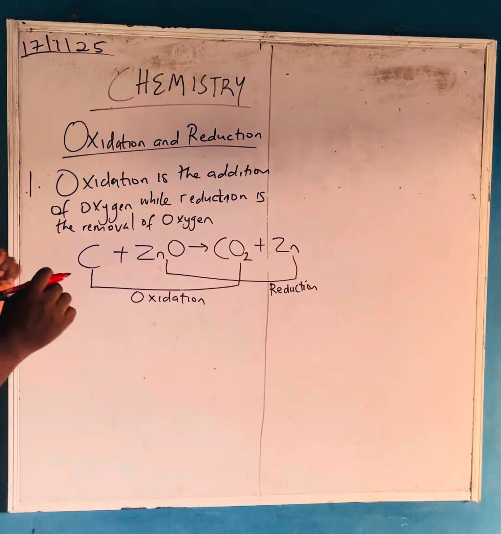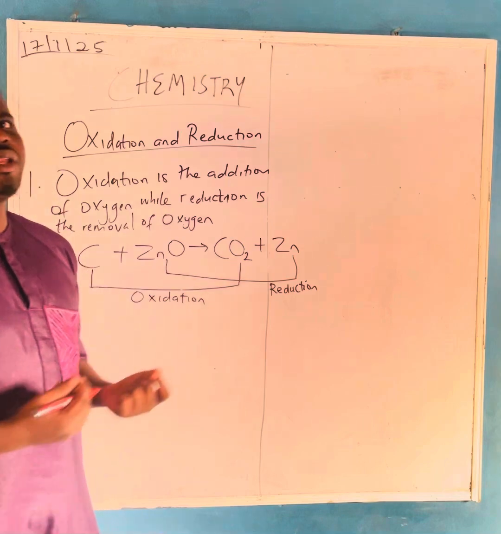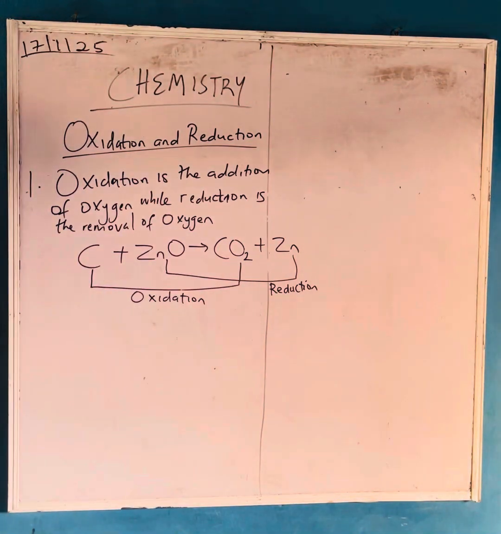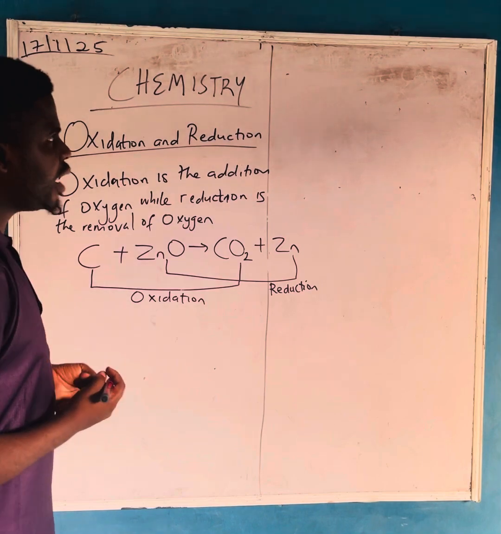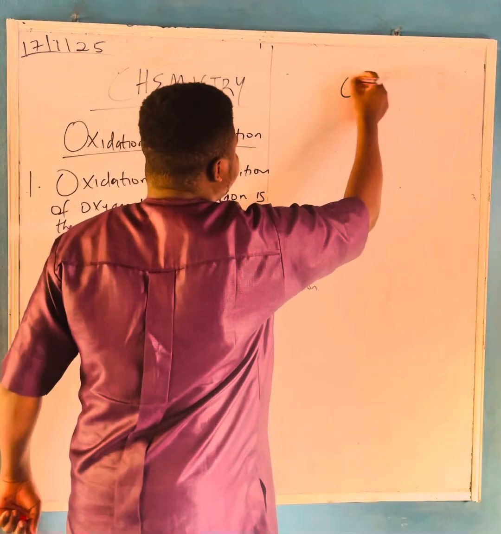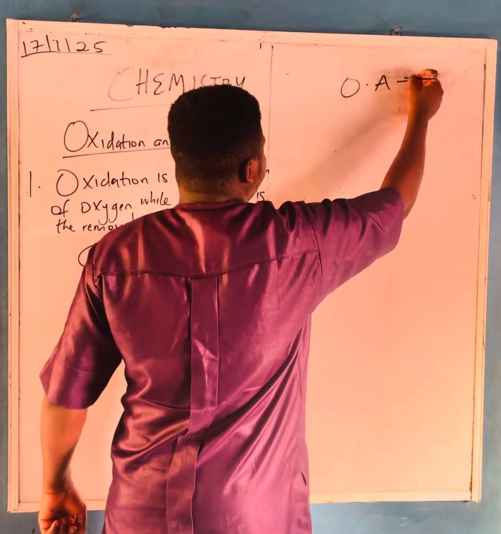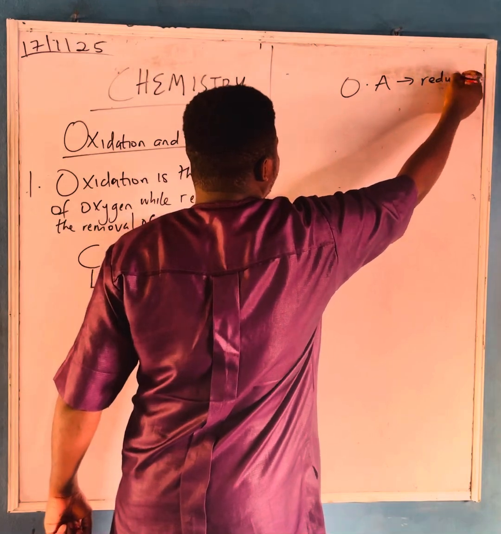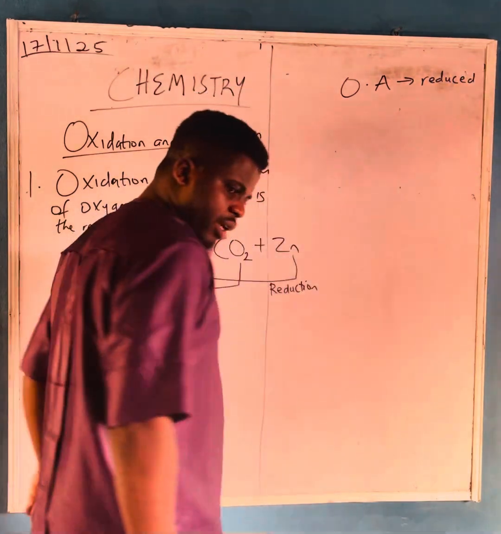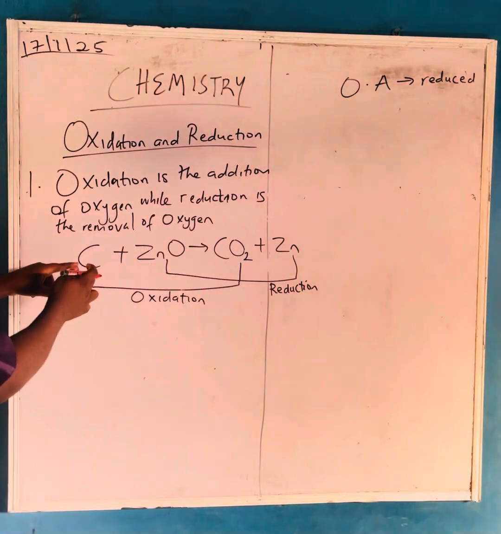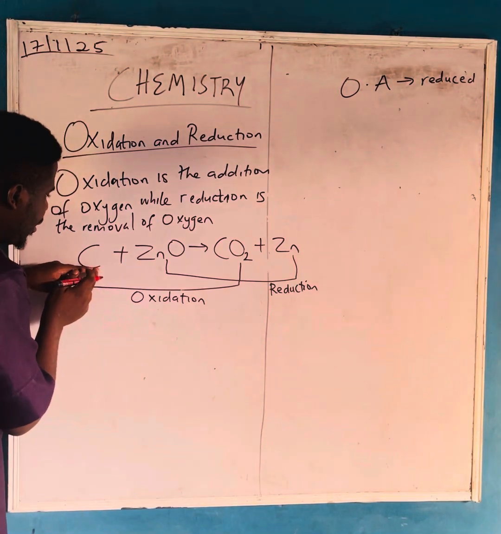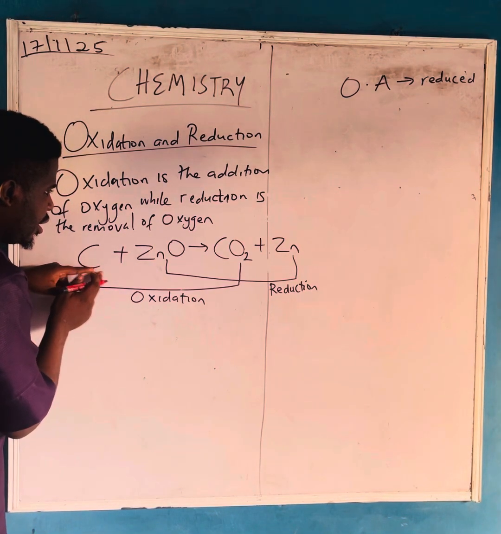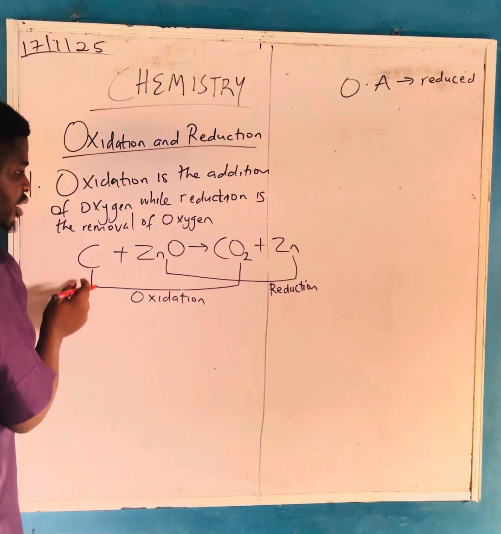And then let me quickly tell you about the concept of reducing and oxidizing agents. Oxidizing agents are being reduced. So let me explain what I just said. You know that carbon here is undergoing oxidation.